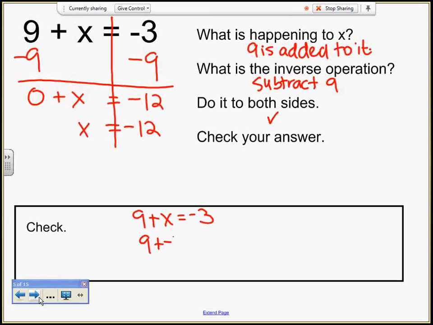So 9 plus negative 12 equals negative 3. What is 9 plus negative 12? Look, it's negative 3. Is negative 3 equal to negative 3? Yes, it is. Great, it checks out. So my answer is x equals negative 12.